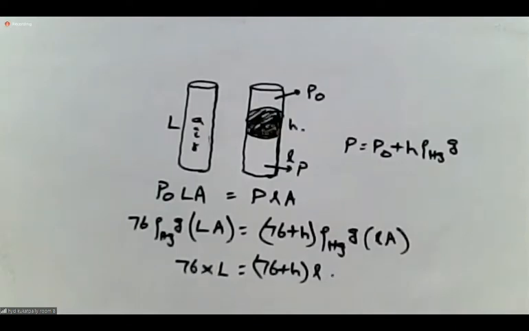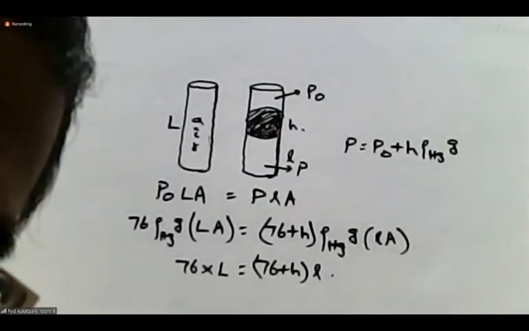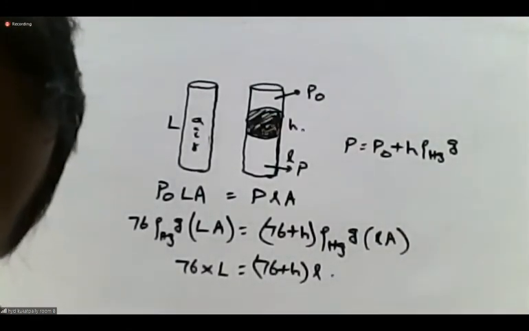Now you take a situation. Already mercury is filled, in a pipe there is mercury.